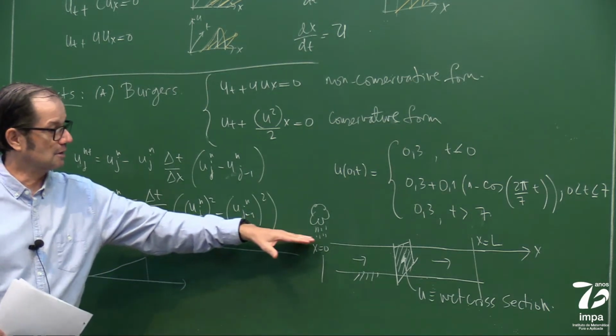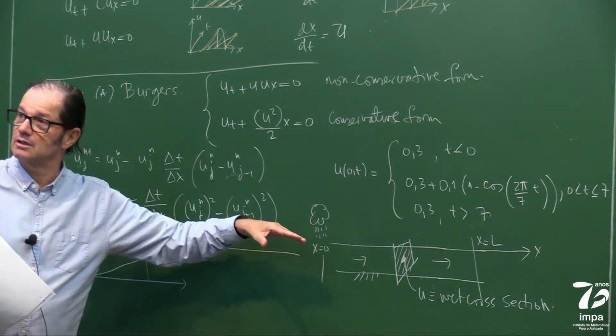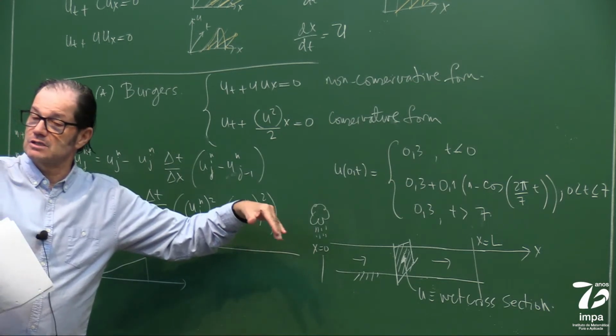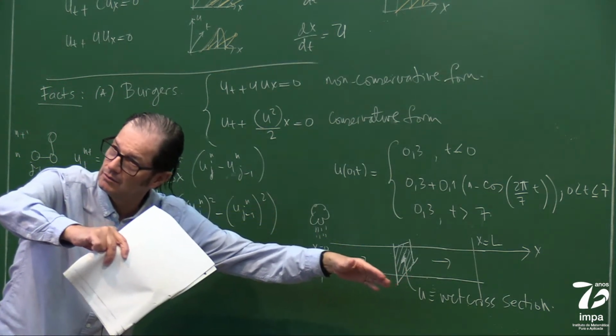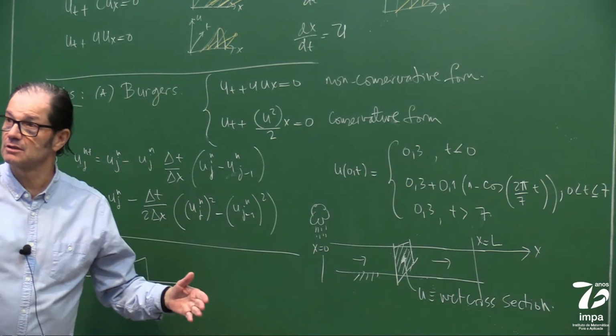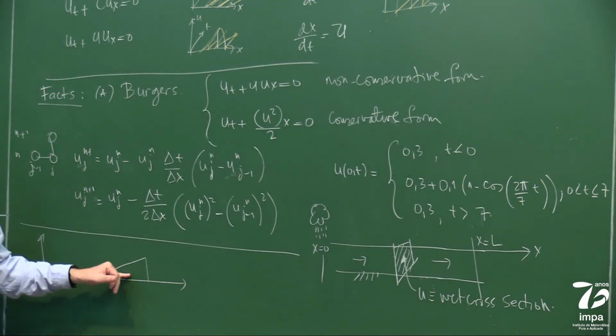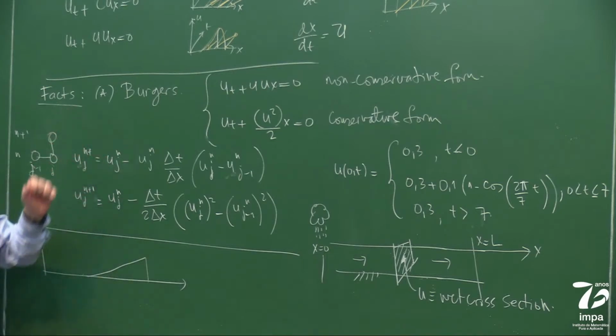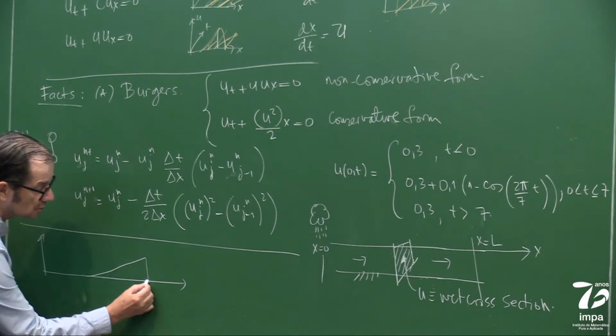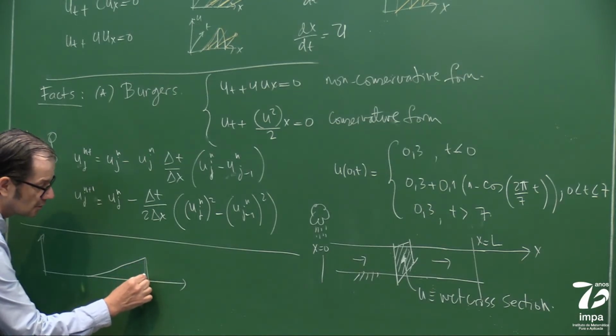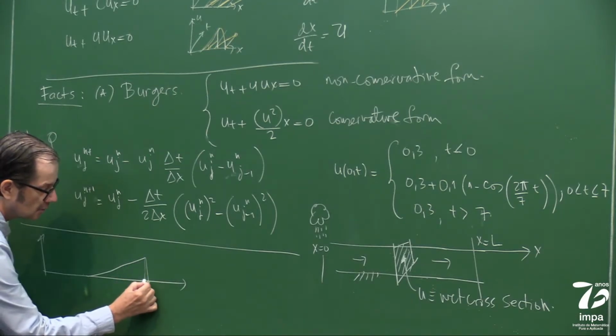So it's going to grow here, the surface, and it will propagate that way, right? And then eventually, it will break because of Burgers' equation. And when it breaks, you're going to see a solution which is basically like this.